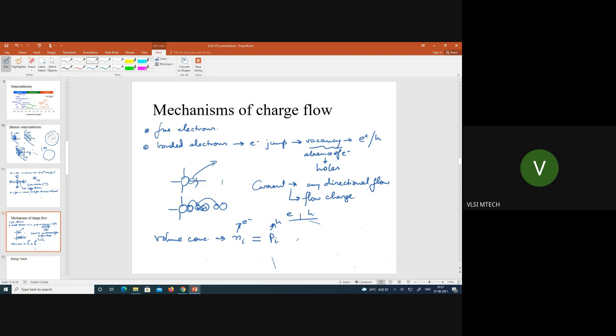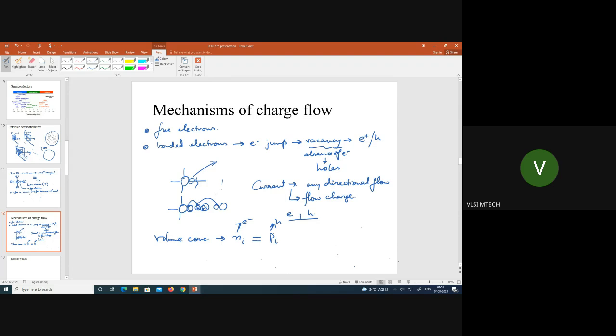Okay, so I can show that Ni is equal to Pi. Can you come up with a reason of why it must be so? Yeah, as much as the electron will jump to the free state, that much of the vacancy will be there. So it will be equal.